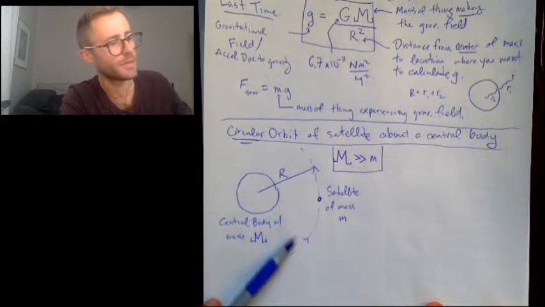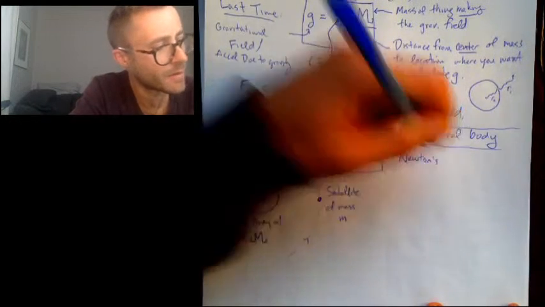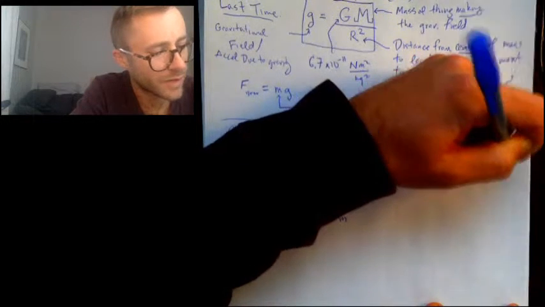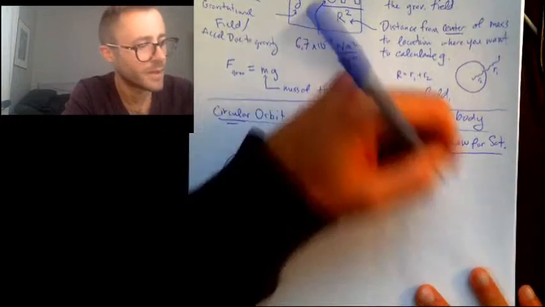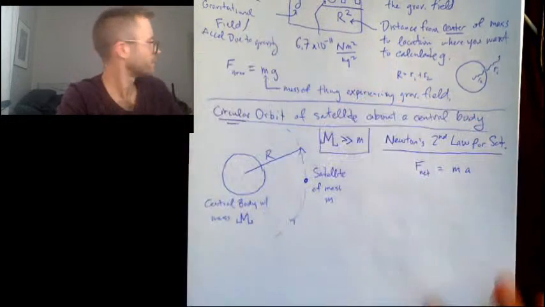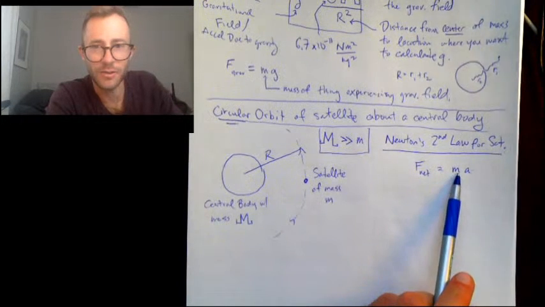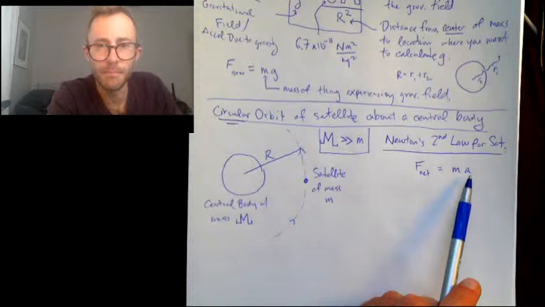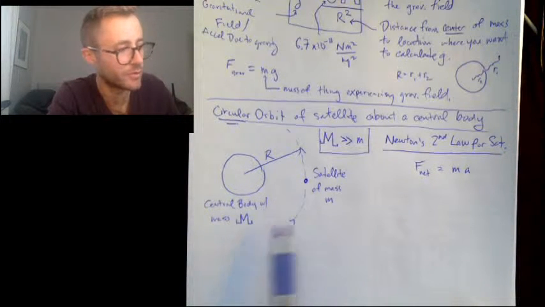So what we're going to do is we are going to do Newton's second law for the satellite. Okay? So Newton's second law is net force equals ma. All right? Now, because it's Newton's second law for the satellite, the mass on the right-hand side is the mass of the satellite. Okay? If we were doing Newton's second law for the central body, we would use this mass.